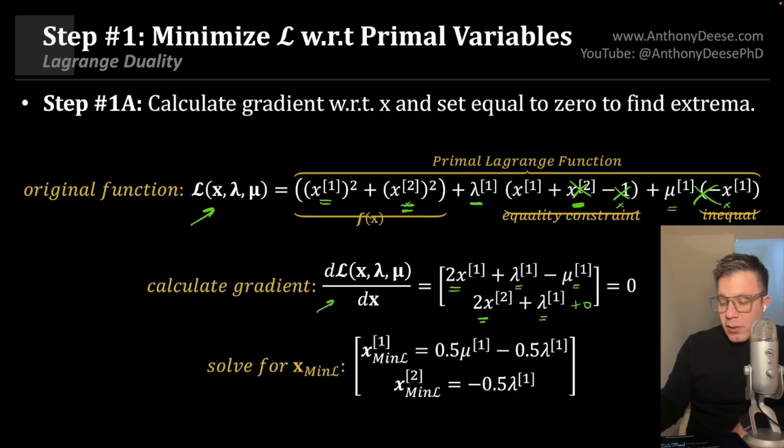And we can solve these two expressions to define what I'm going to call x min L, or the x values that minimize the Lagrangian, and they'll be defined in terms of mu and lambda. So here we see that the x value, x1, that minimizes the Lagrangian is equal to 1/2 mu1 minus 1/2 lambda 1, and the second x value that minimizes the Lagrangian is negative 1/2 lambda 1.